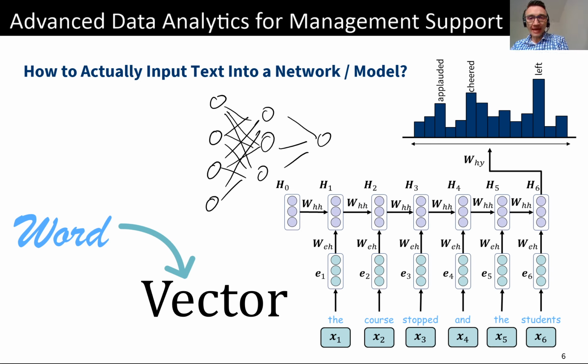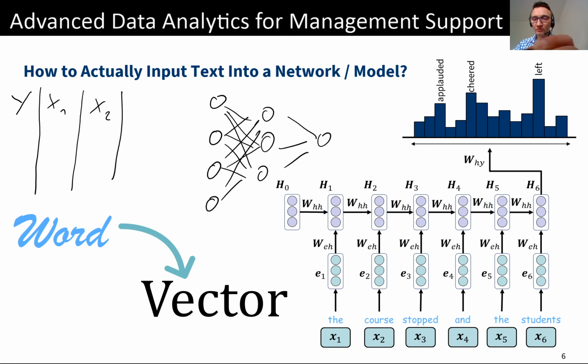If we have a table, as we typically have when we face structured data, we have our tabular input data set with a target y, and then we have features x1, x2, x3, x4.